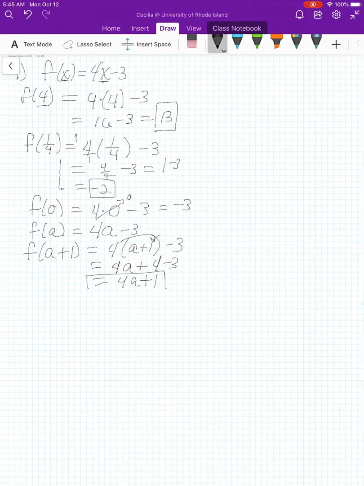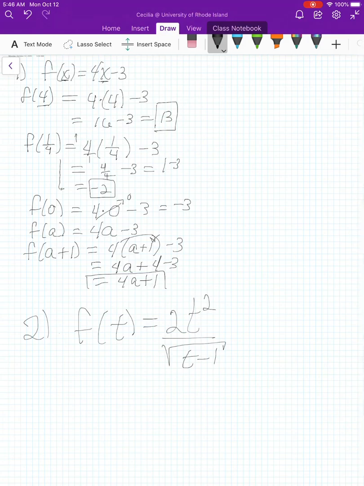F of t is equal to 2t squared divided by the square root of t minus 1. Okay, nothing weird here. We replaced x with a t.